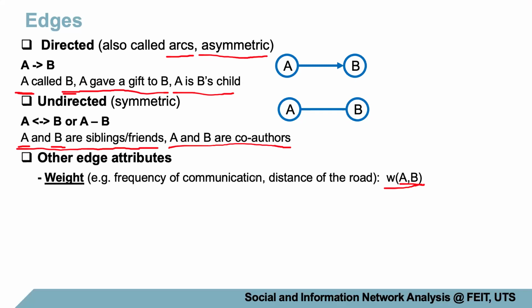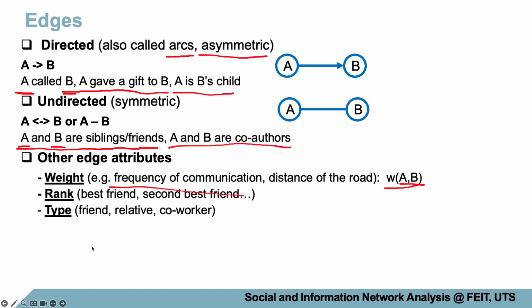So it can describe, for example, the frequency of communication between 2 nodes, or the distance of the roads. That can have different weight. Or ranks, like the friendship between 2 users, it can have the ranking like best friend or second best friend.